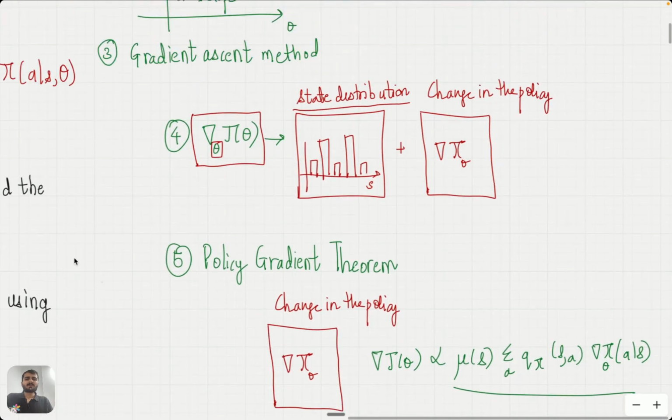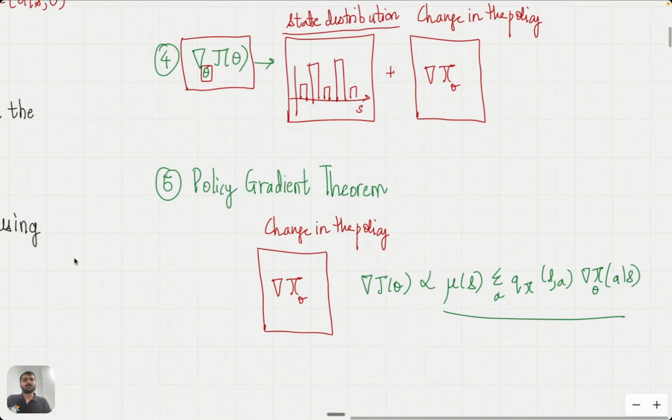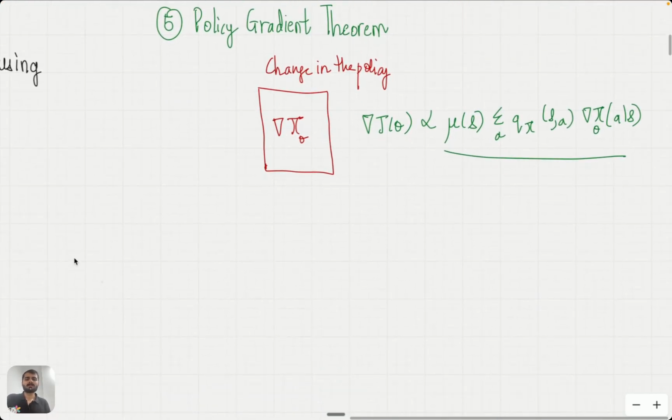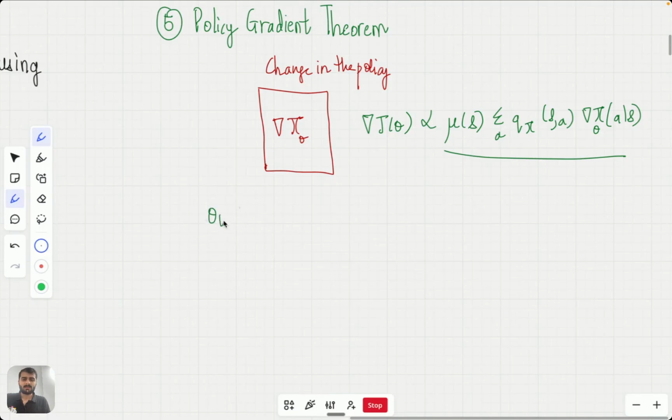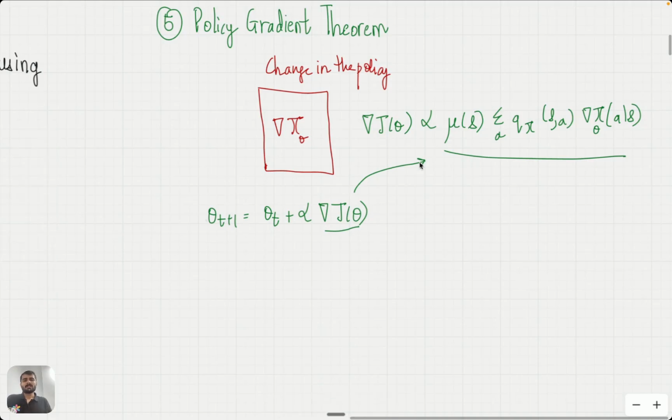And now with these five steps, we have a complete picture. We can now write down the gradient ascent rule as follows: theta t plus 1 equal to theta t plus alpha, which is the learning rate, times grad of J of theta. And within this grad of J of theta, you can now substitute this expression. So this is how the policy gradient methods work.